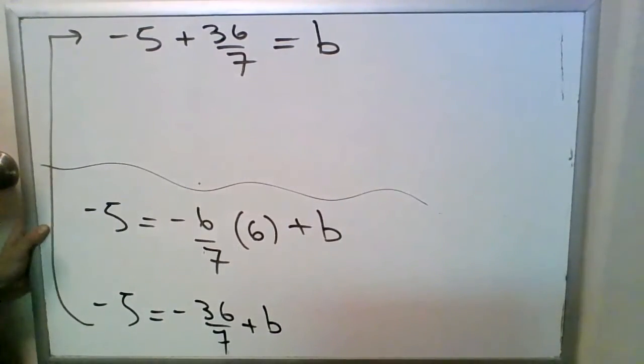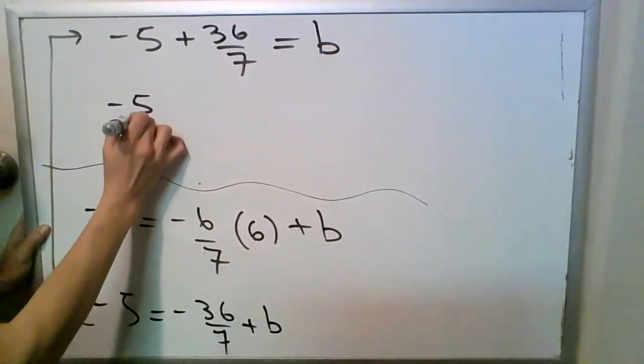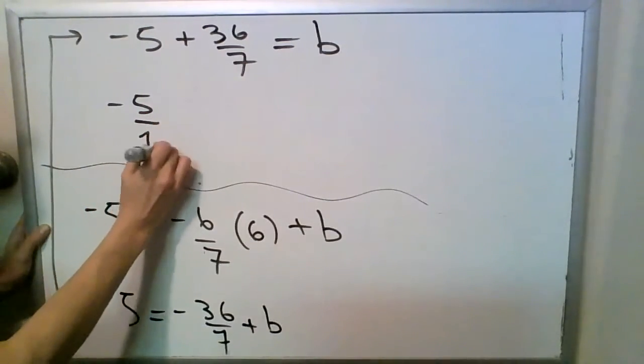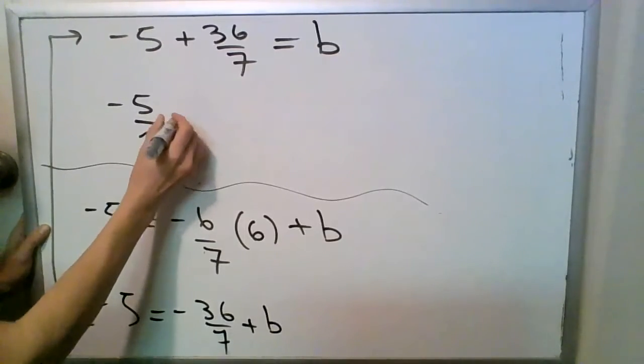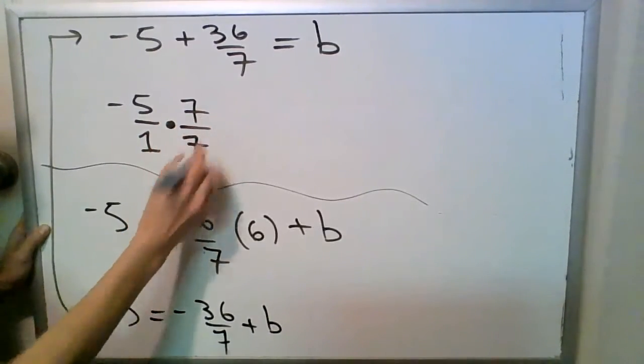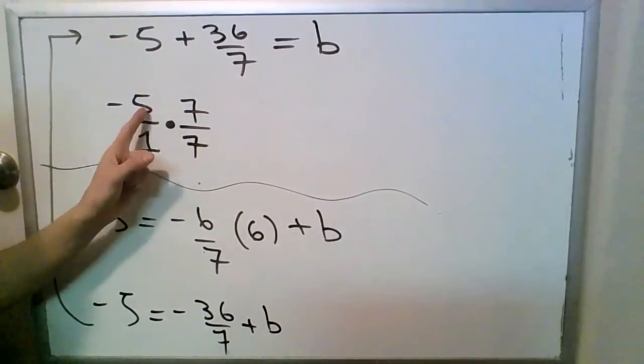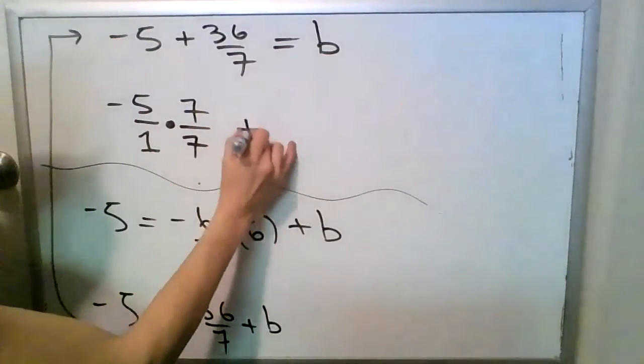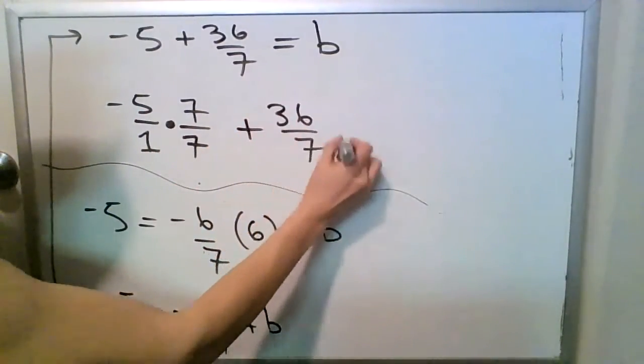Okay, I need a common denominator. So we're going to multiply -5, and just so it helps me to read the problem, I'm going to put this over 1 and multiply 5 by 7 and the denominator 1 by 7. Then I've got this equal to b.